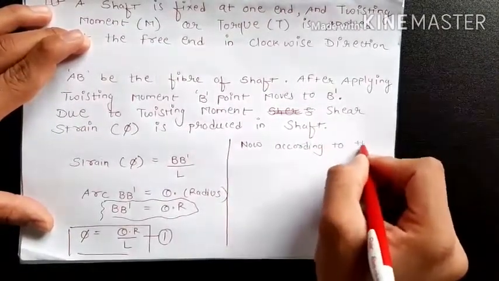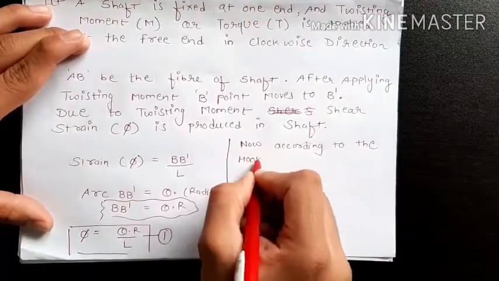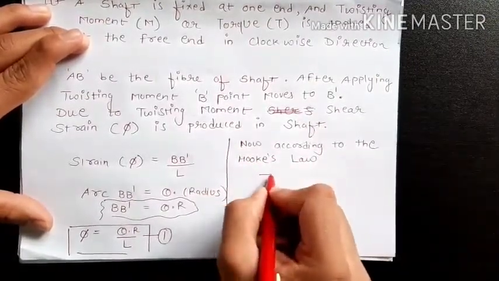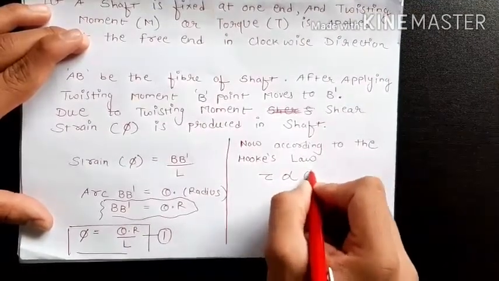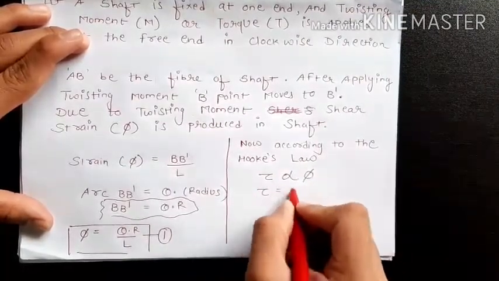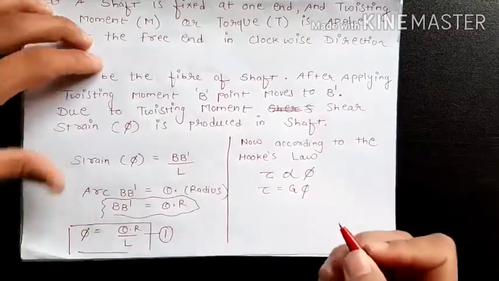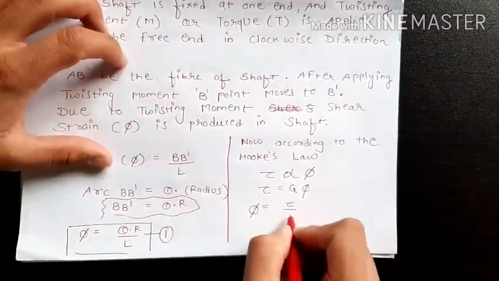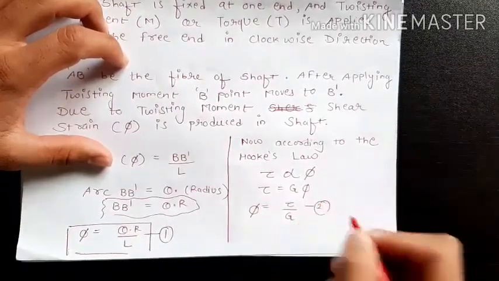According to Hooke's law, we get shear stress tau is directly proportional to shear strain phi. That is, tau is equal to G phi, where G is the modulus of rigidity. So now phi is equal to tau upon G. This is equation number 2.